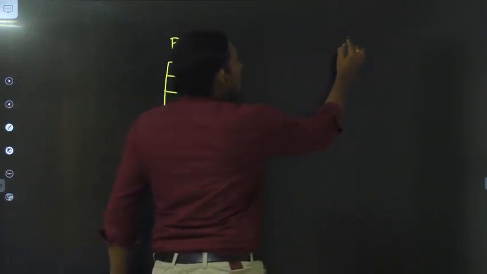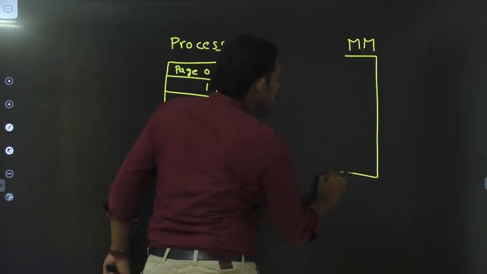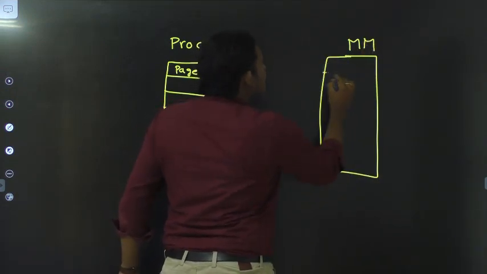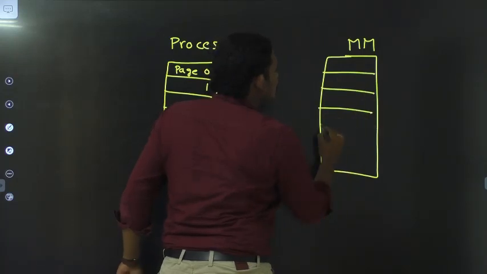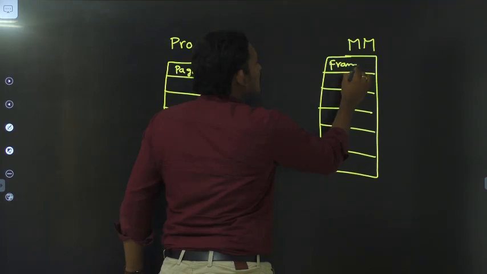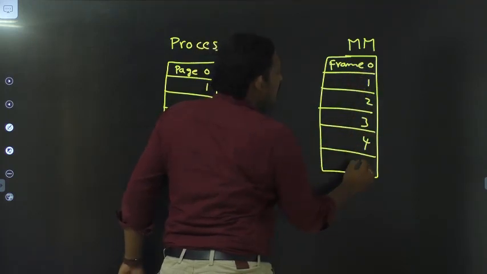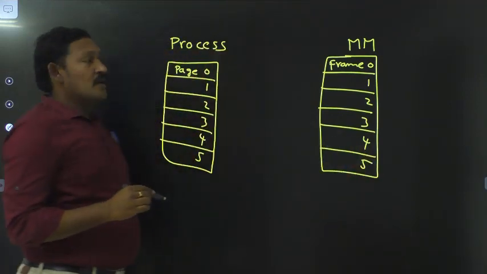Similarly, we know that the main memory is split into a number of frames: frame 0, frame 1, 2, 3, 4, 5, like that.